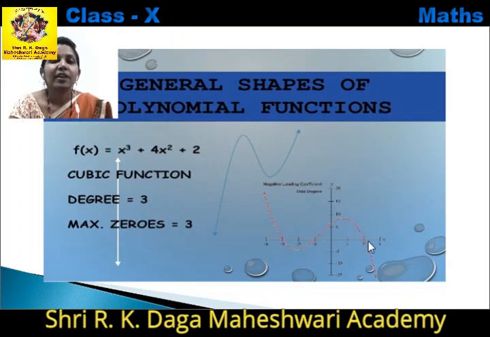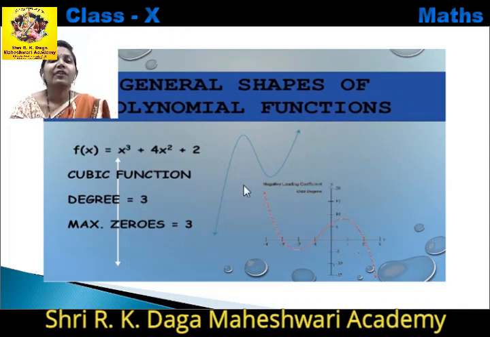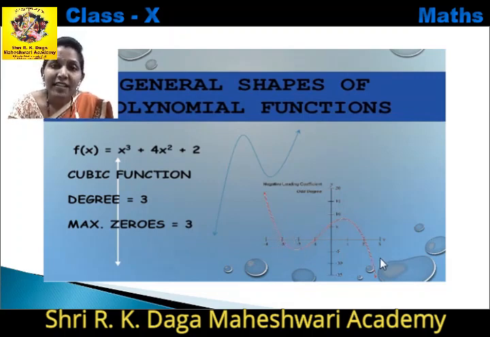So to find out the number of zeros of the polynomial, we will see the graph. If the graph intersects x-axis at 2 points, then the number of zeros will be 2. If the graph intersects x-axis at 3 points, then the number of zeros will be 3. So you have to count the points at which the graph intersects x-axis.